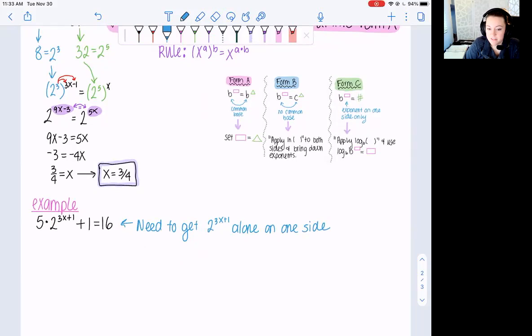This is going to happen very similarly to the way that you would solve a linear equation, to get the 2 raised to the 3x plus 1 by itself. Now, really, really important, all right? Caution, caution, caution.